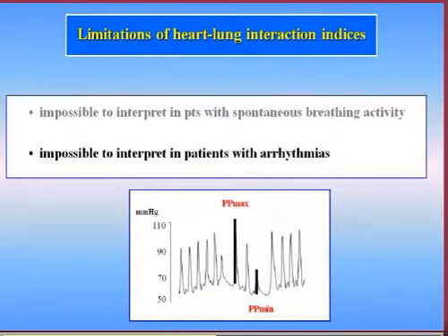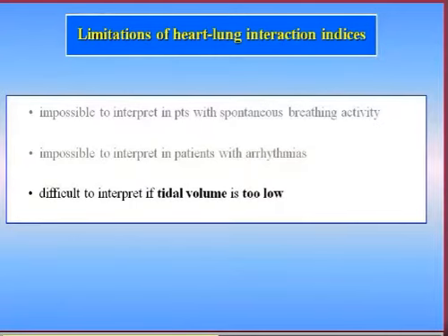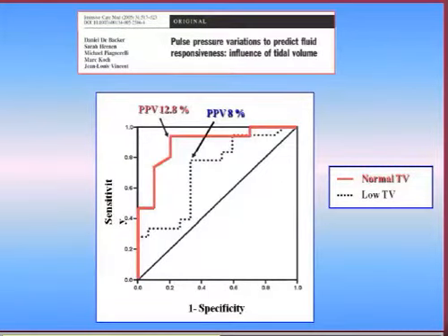Also, it is impossible to interpret these indices in patients with arrhythmias, which is obvious, but we have to remind. It is difficult to interpret these indices in a case of low tidal volume ventilation. Remember the paper by Daniel de Backer comparing the threshold value of PPV in patients ventilated with normal tidal volume and patients ventilated with low tidal volume.